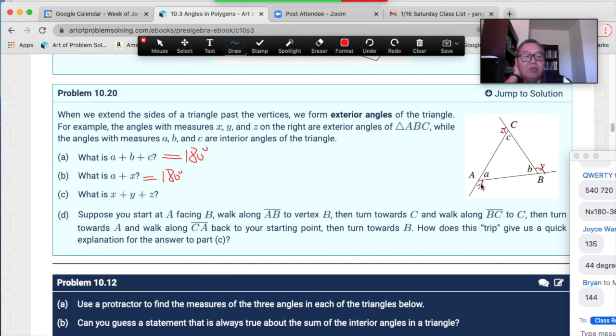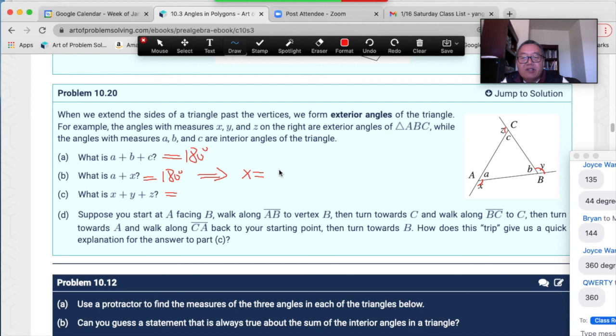So A plus X equals 180 degrees. Then they ask you, what is X plus Y plus Z? Everybody, can you give me this answer? X plus Y plus Z. Yeah, Eric's correct, Joyce correct.